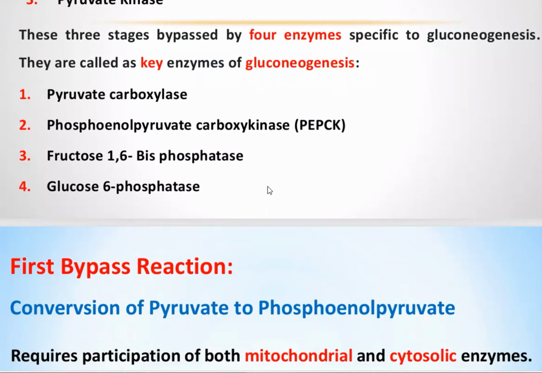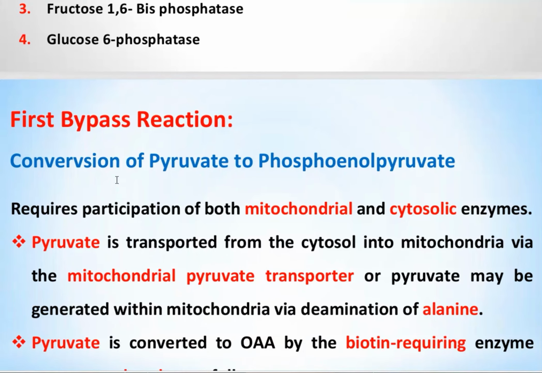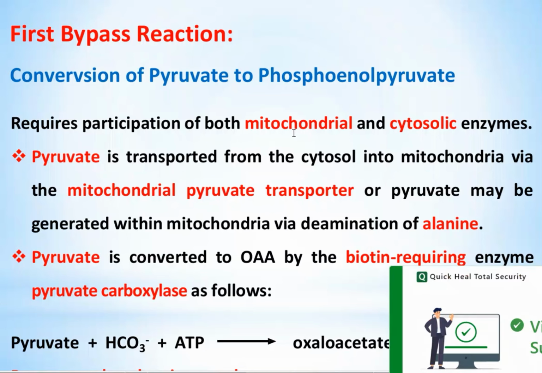So if you see the bypass mechanism, the first bypass reaction is the conversion of pyruvate to phosphoenol pyruvate. How pyruvic acid is converted to phosphoenol pyruvate, we will discuss in the first bypass reaction. It requires the participation of both mitochondrial and cytosolic enzymes.